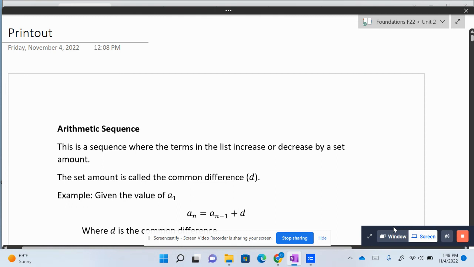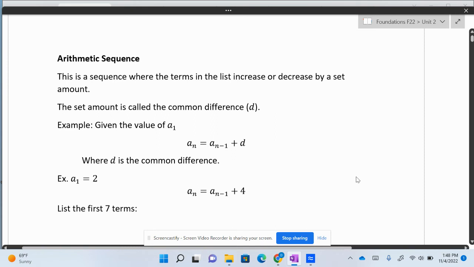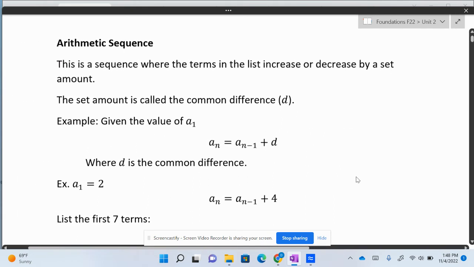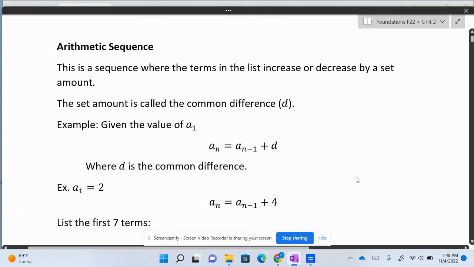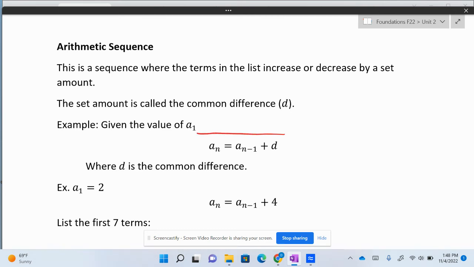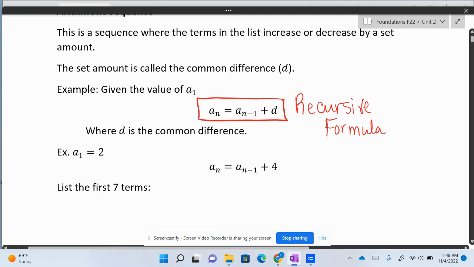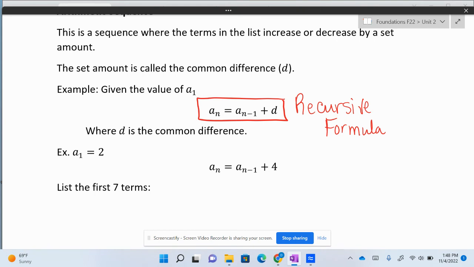Then stop. All right. So this little section of notes that I have right here is helpful for you. This is going to help you do your homework. So this formula right here is the one that we used yesterday. This is called the recursive formula, okay? This tells us what's happening if we're given an equation and we're only given one term.